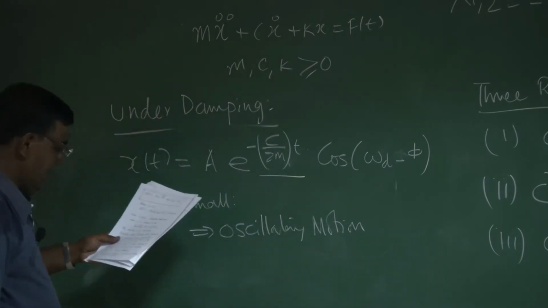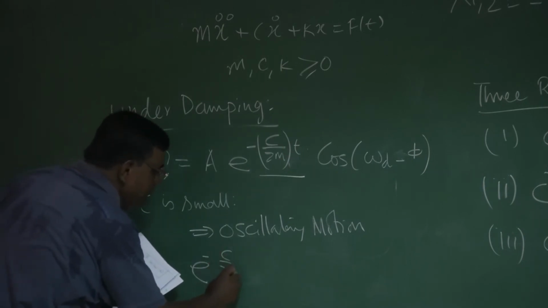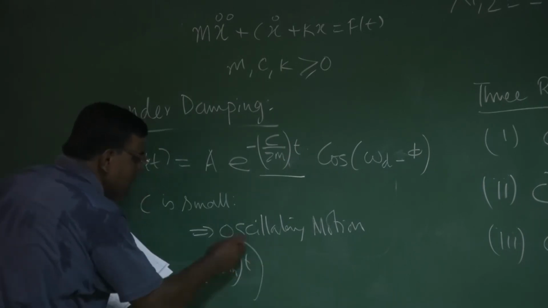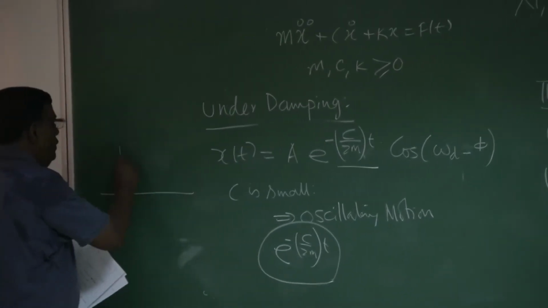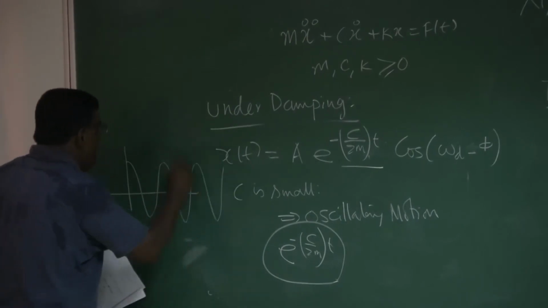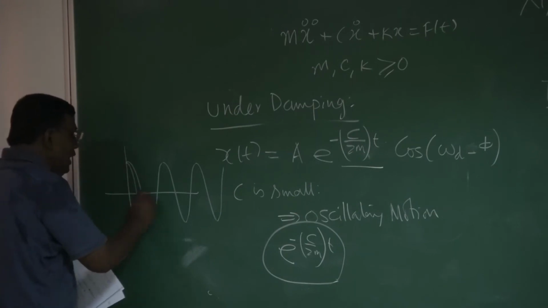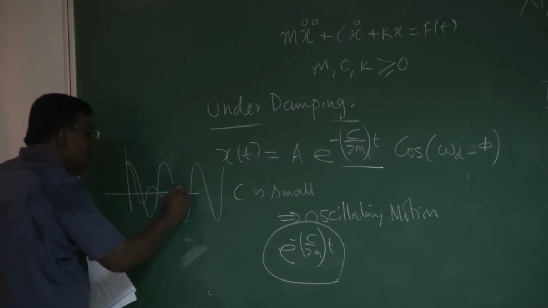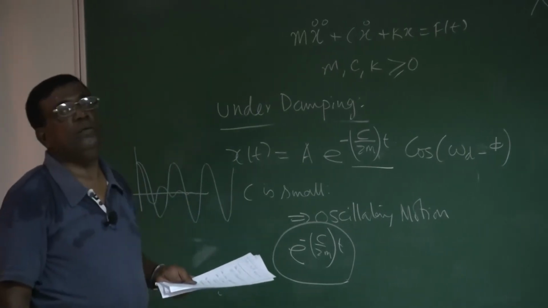Okay? And this e to the power minus c by 2m t is actually the damping contribution, although if c was 0, it would move like this. With small c damping, what will happen? The amplitude will go on decreasing, and it will come back to the equilibrium.